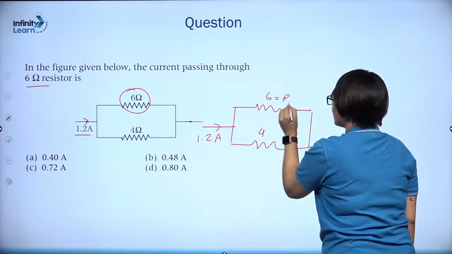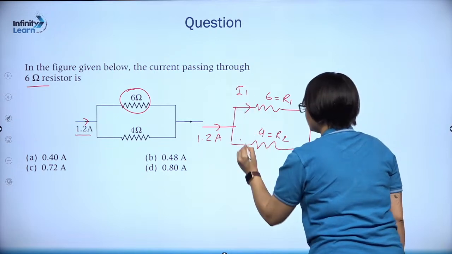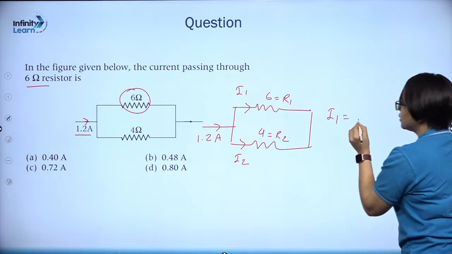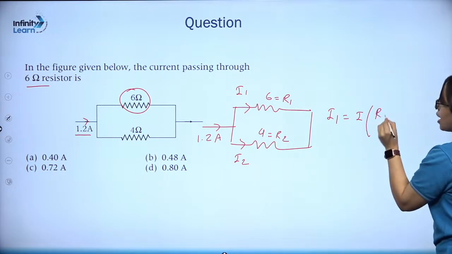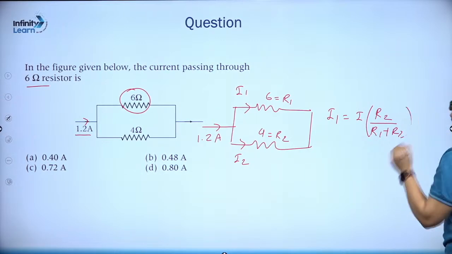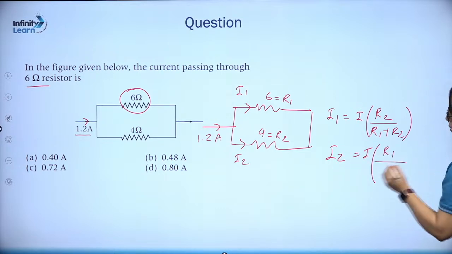So this is R1, this is R2, let's say current in this branch is I1, current in this branch is I2, then I1 is given as I into R2 upon R1 plus R2. Current divides itself in the inverse ratio of their resistances in parallel.